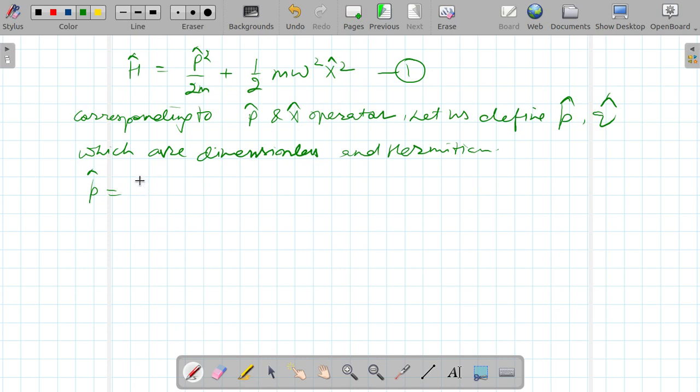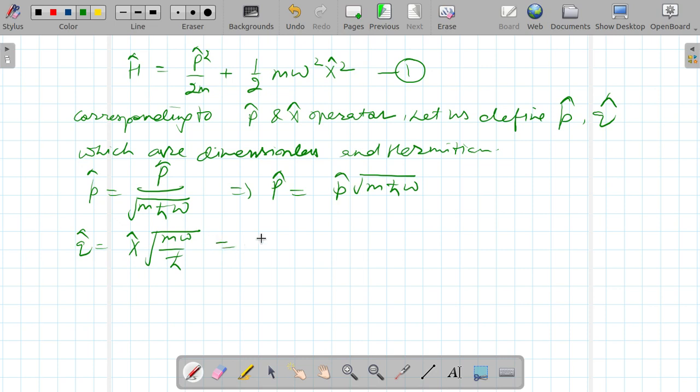So P must be equal to p over the square root of m h cross omega, which implies that p operator is equal to P times the square root of m h cross omega, and the Q operator is x times the square root of m omega over h cross, or it leads to x operator equal to Q over the square root of m omega over h cross. Let me call it equation number 2.